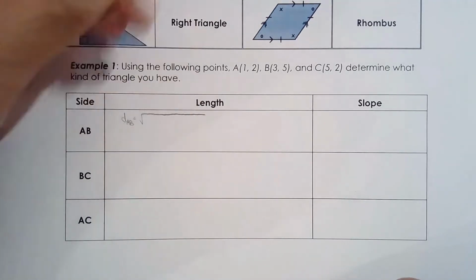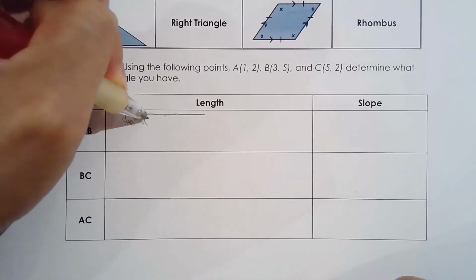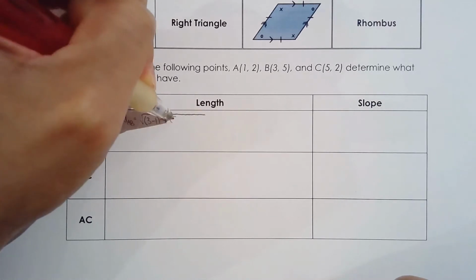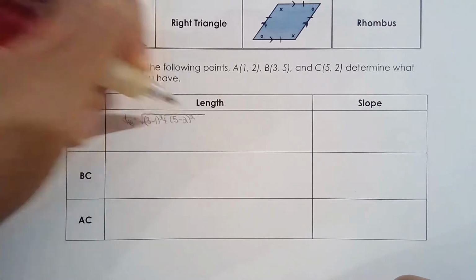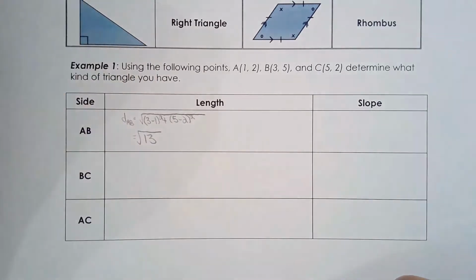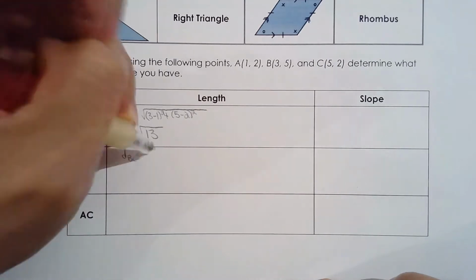Length of AB, you need to know your length formula. So rise squared plus run squared. So that's 2 squared is 4, plus 3 squared is 9, 13. That's the length of AB, root 13. What about the length of BC?